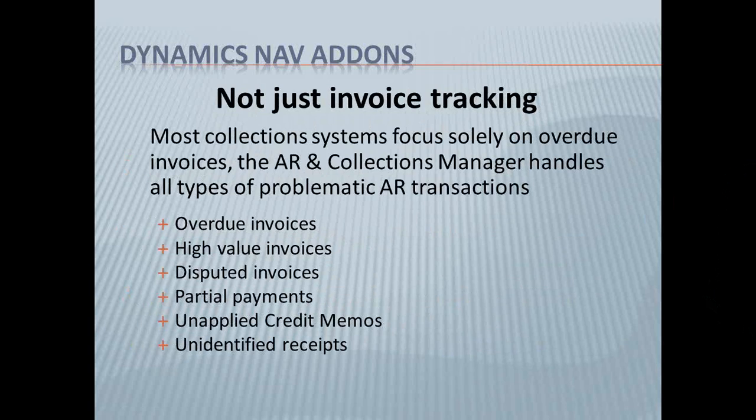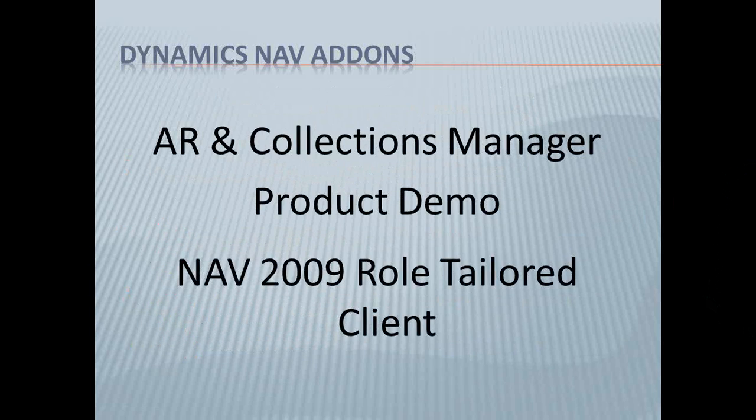It also allows you to see unapplied credit memos and unapplied cash receipts that may have been intended to be applied to an invoice, but weren't because the person posting the cash receipts transaction was more concerned with getting the record of the cash into the system, and had no idea what to apply it against and said they'll figure it out later. So we'll take a look at all of those different types of transactions. And for that reason, we call them exceptions rather than overdue invoices.